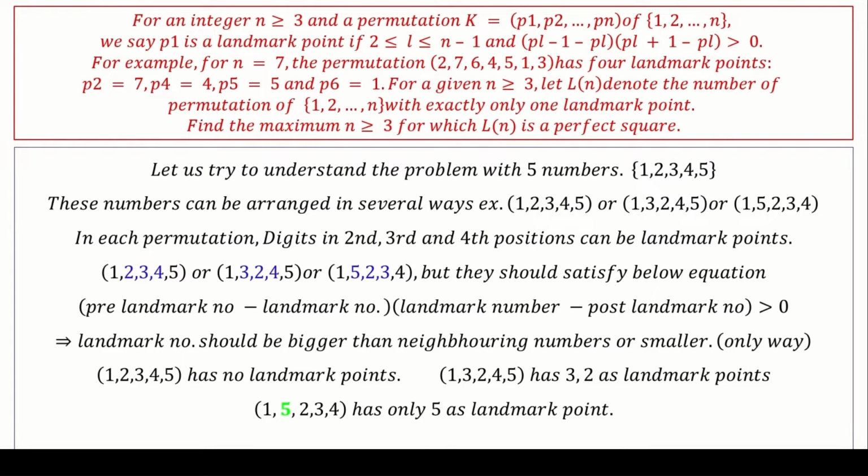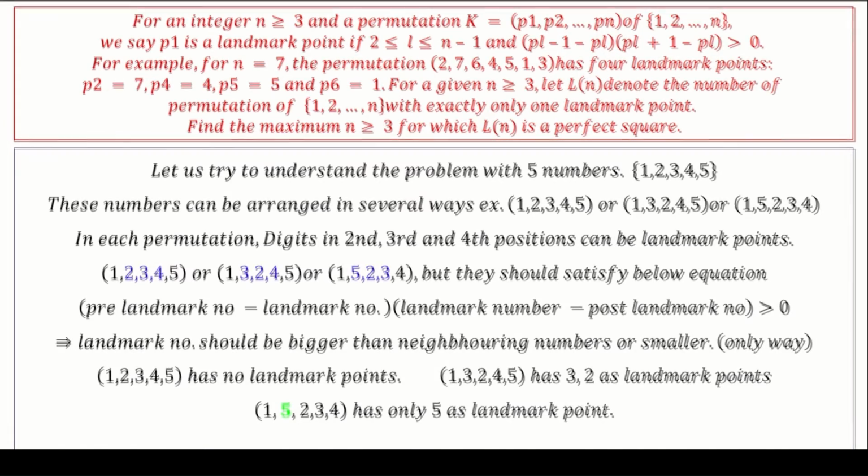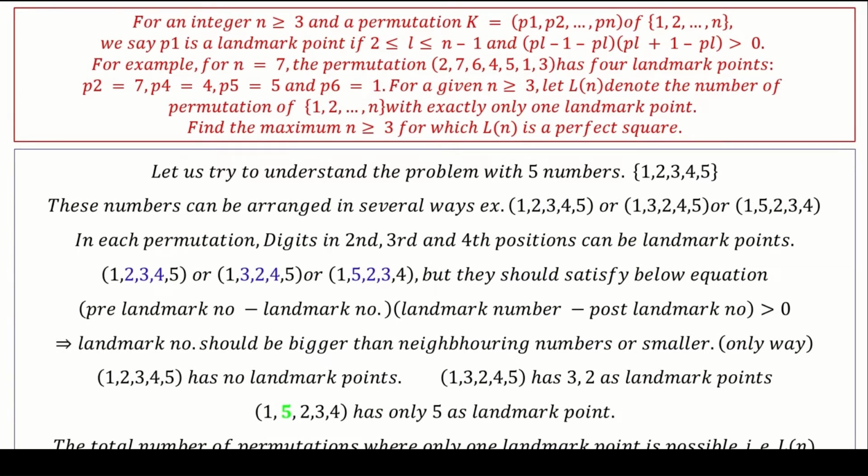In 1, 3, 2, 4, 5, 3 and 2 are landmark points: if you take 3, 1 and 2 are less; if you take 2, 3 and 4 are more. The rest don't qualify. But in 1, 5, 2, 3, 4, you have 5 as the only landmark point. The total number of permutations where only one landmark point is possible is L of n. So we need to calculate how many one-landmark-point permutations are possible.